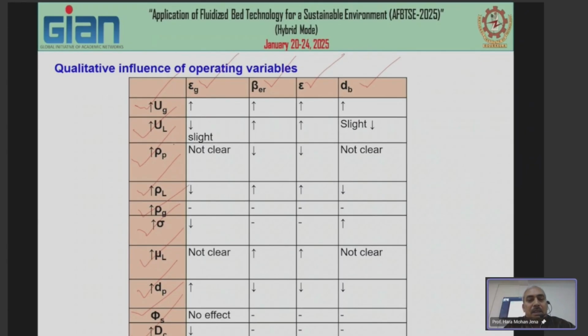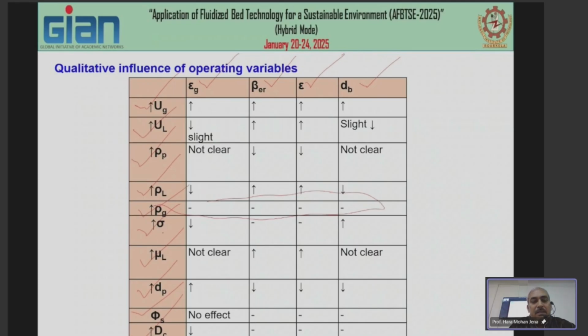As far as particle density is concerned, there is no clear study on how the gas hold-up is affected, but bed expansion decreases, porosity decreases. And with increase in liquid density, the gas hold-up decreases, bed expansion increases, porosity increases, and bubble size decreases. With increase in the density of the gas phase, no such study by varying the gas phase density is there.